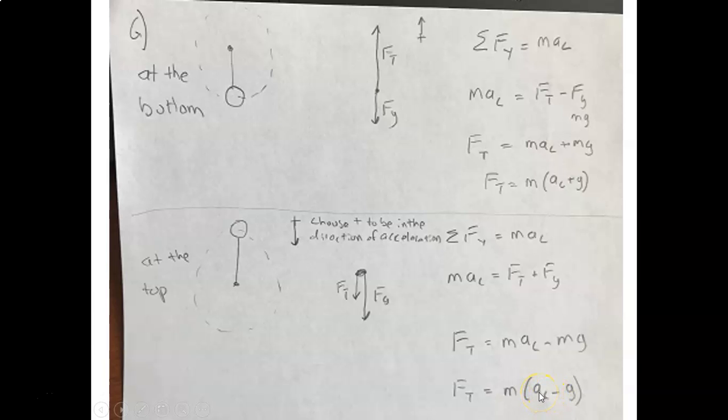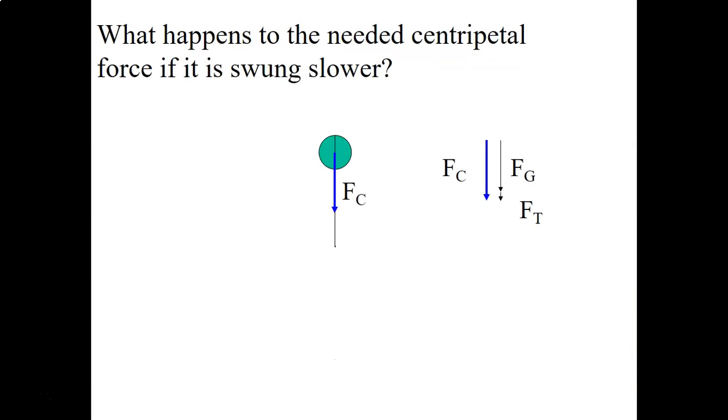When the centripetal acceleration is equal to 9.8, equal to g, then the tension in the string is 0. If we swing it around any slower, the centripetal acceleration decreases and we're going to end up with negative tension. So the string is actually going to go slack, and it's not going to be traveling in uniform circular motion anymore. That's kind of what we said here.